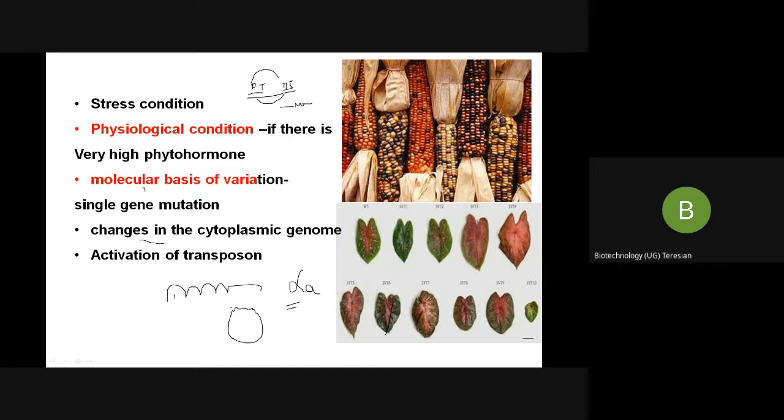You're doing a good thing to the plant, but unfortunately for the explant, it is becoming stressful, and the stress is acting on the transposons, and the transposons become activated, and they induce this insertional mutation. And you see that whatever new plant is grown in your tissue culture is different from the mother plant you started with.